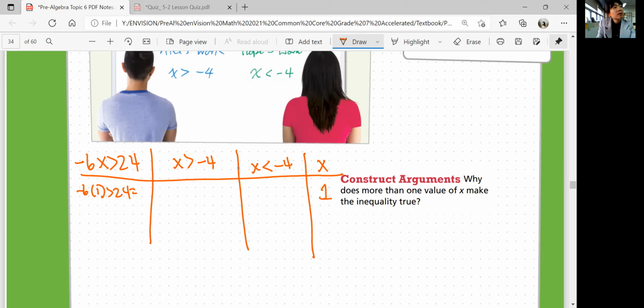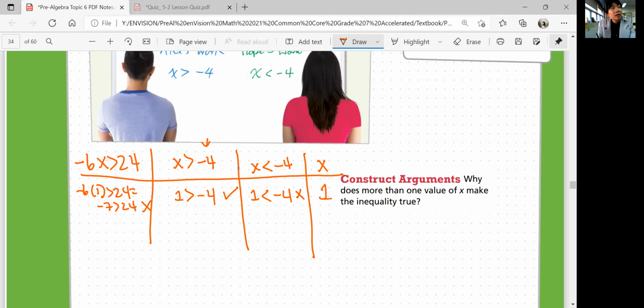So 1 is not a solution for this one, okay? But if you plug in 1 here, 1 is greater than -4, and that's correct, right? But 1 is less than -4 is not correct, and that's your original inequality. So 1 shouldn't be a solution for your original inequality.